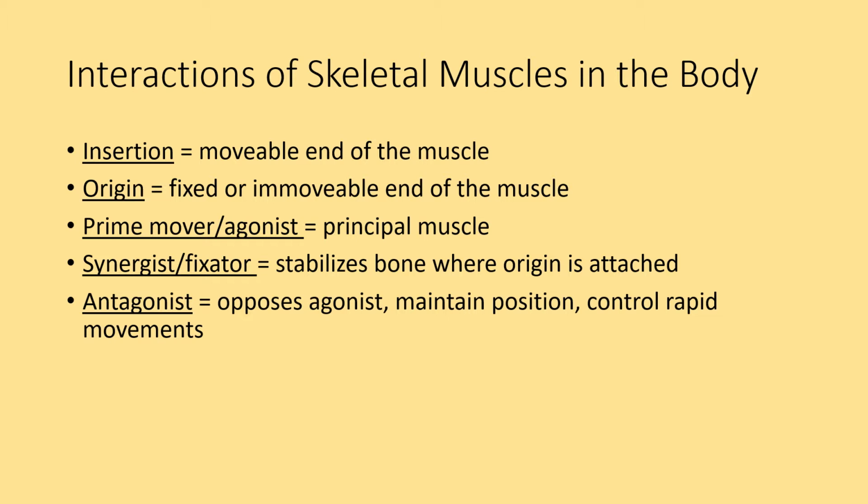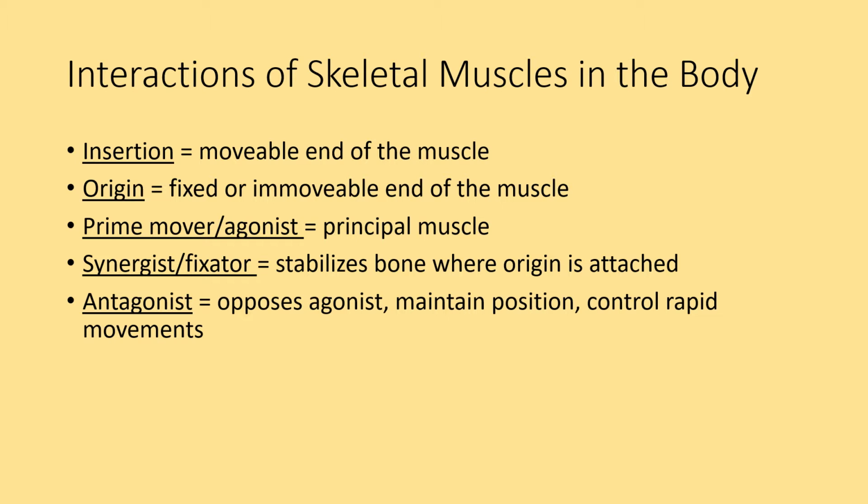Now, oftentimes people, as they start studying this, will look at the muscles, the origin, and the insertion points. My recommendation is everything falls into place if you study it in a certain order. I would study the muscles, get familiar with the names of the muscles and where they're located, and then you can worry about what type of movement you're going to get and which is the insertion and which is the origin.